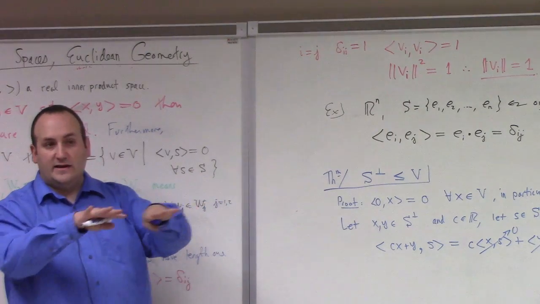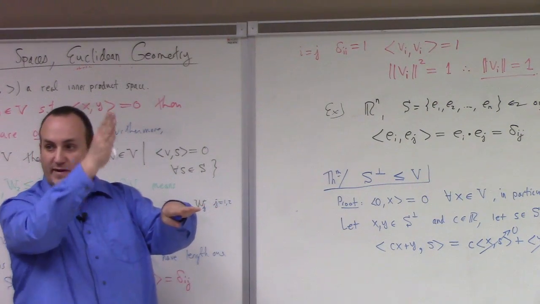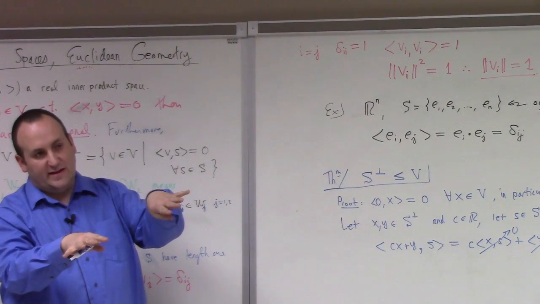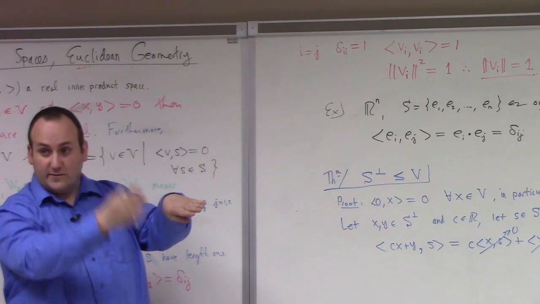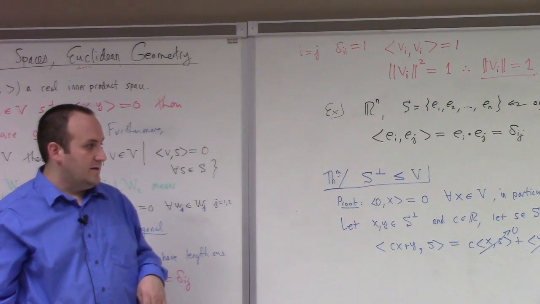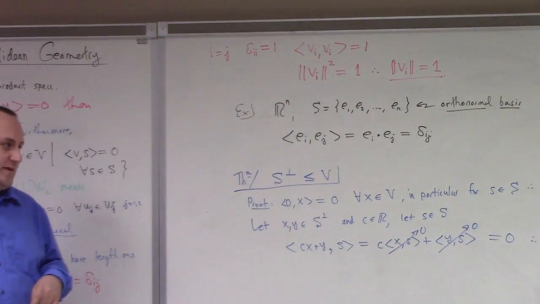Like if I have a plane in 4 dimensions, the perp will be a 2-dimensional normal space through the origin. Or if I have a 2-dimensional subspace in 10 dimensions, the perp will be an 8-dimensional space through the origin.